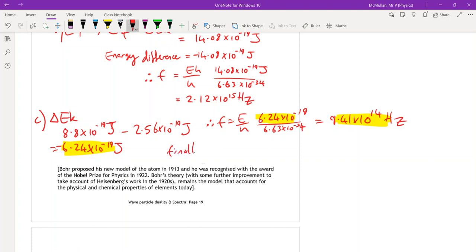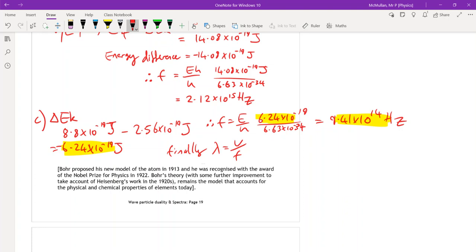Finally, lambda equals v over f. I've lost track.